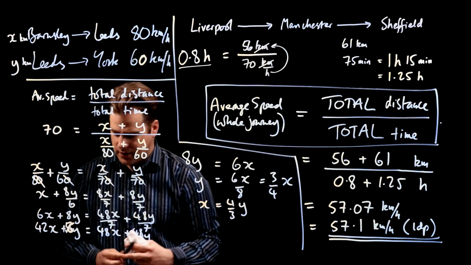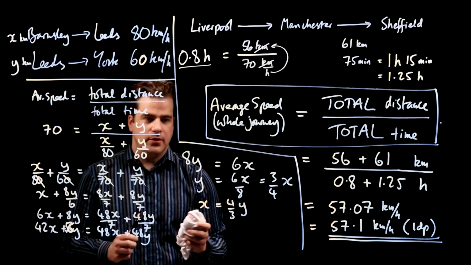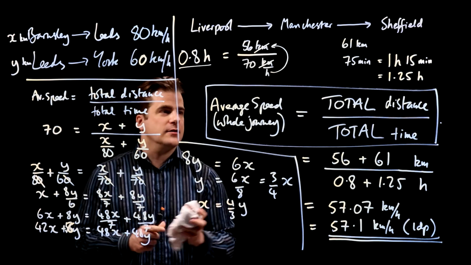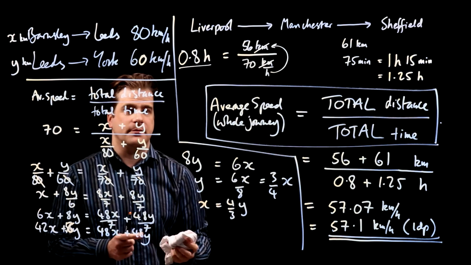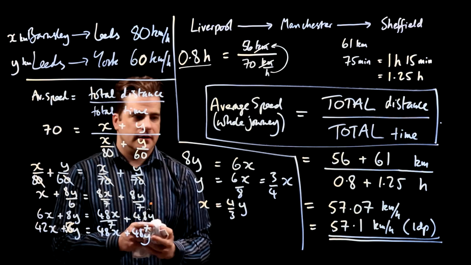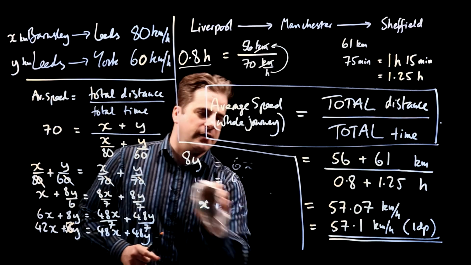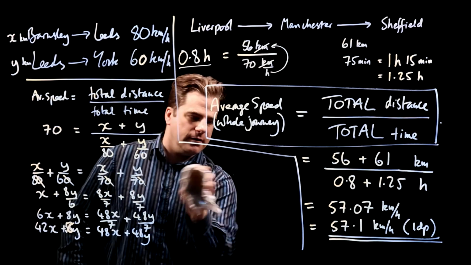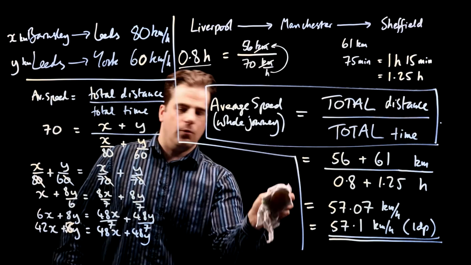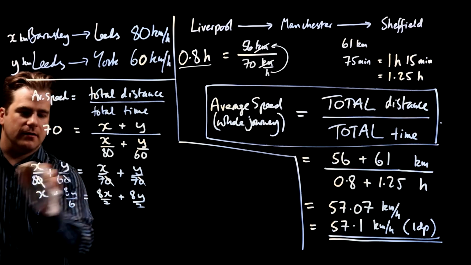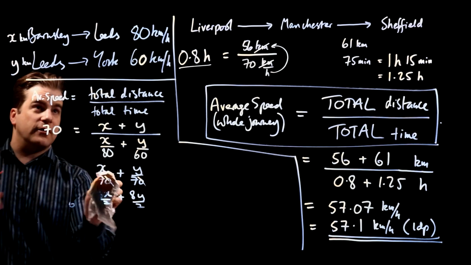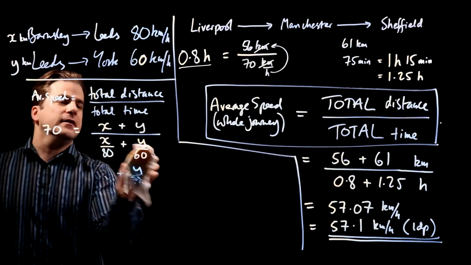I want to do an example to show you why you have to do average speed as total distance over total time. Okay, let's get rid of this last bit. To show you why that is exceptional, okay?